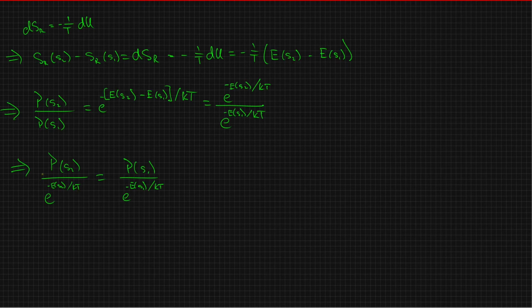What this tells you is that both of these sides are equal to a constant, because a function of S1 is not equal to a function of S1, it's equal to a function of S2. We have a special name for this constant, which introduces the so-called partition function.